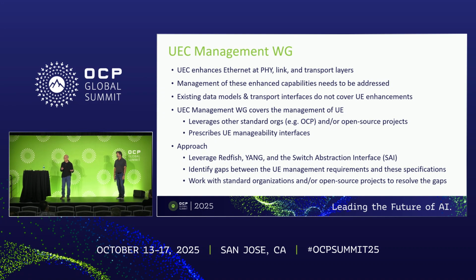Since we've defined what the base manageability specifications need to be, it is merely an exercise of identifying what the gaps are as the UE capability gets created, and then working to define what those extensions need to be. As a last point, we go back and work with those organizations to make it part of their standard, so that we're still within the standard community and we don't do anything outside of that. And if we can go do implementations, we will go off and do that.